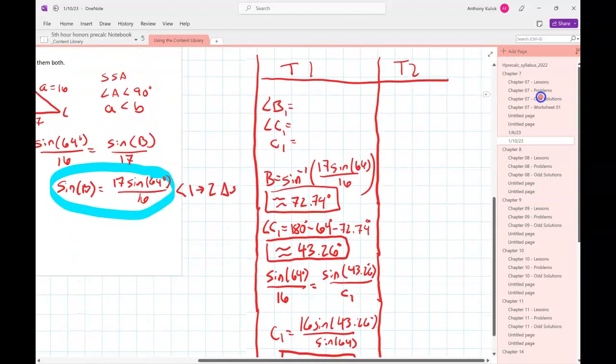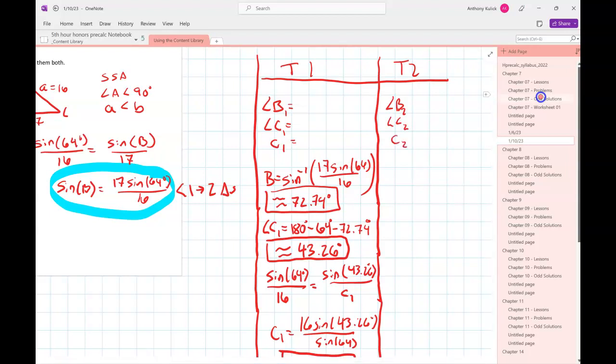For triangle 2, I'm looking for the same 3 things. To get angle B2, though, the nice part is that that's just going to be the supplement of angle B1.